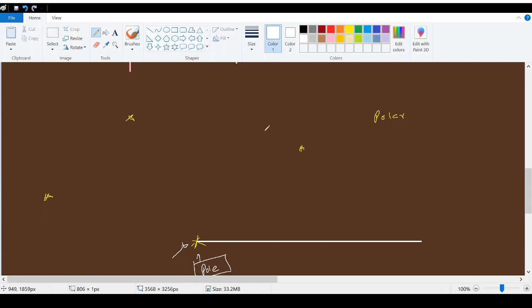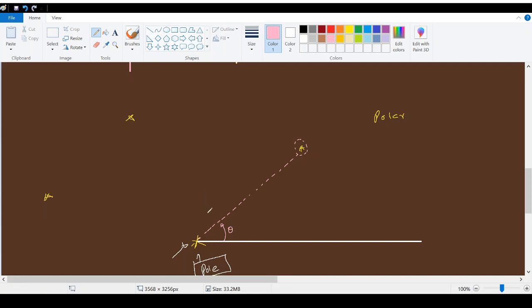in order to mark the positioning of the other objects, let's say we need to mark the position of this object. We draw a straight line starting from the pole, and then we measure this angle. Let's name it theta.